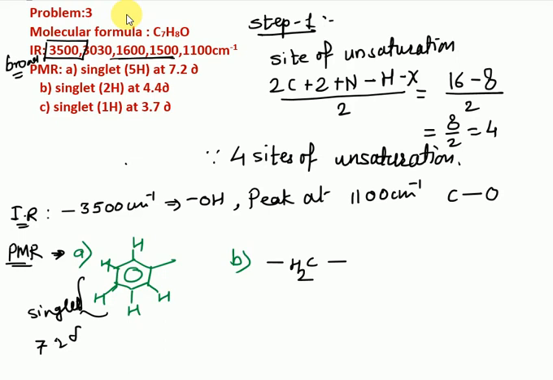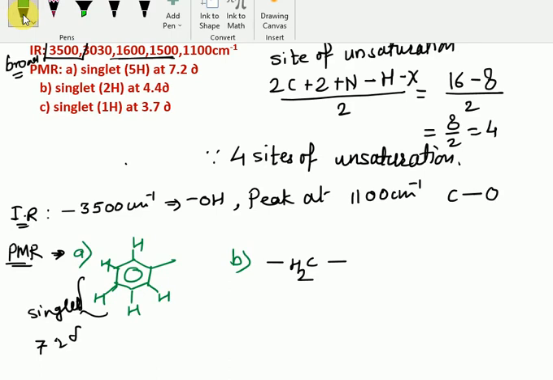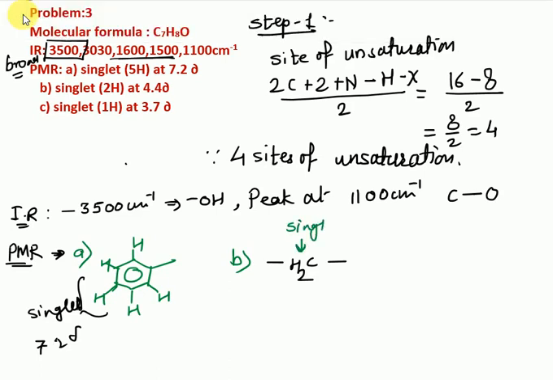Only 7 carbons are there, so 6 carbons are engaged in the aromatic ring. The remaining 1 carbon carries the 2 hydrogens, which show the singlet at 4.4 delta value. Now 4.4 is very de-shielded, indicating an electronegative atom bonded to the CH2 carbon. This fragment is also matched.